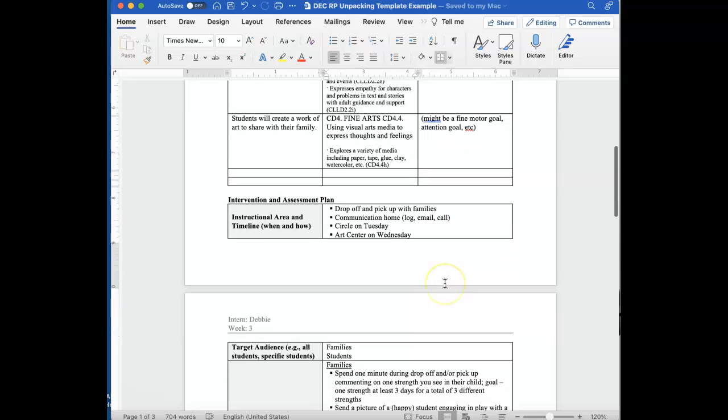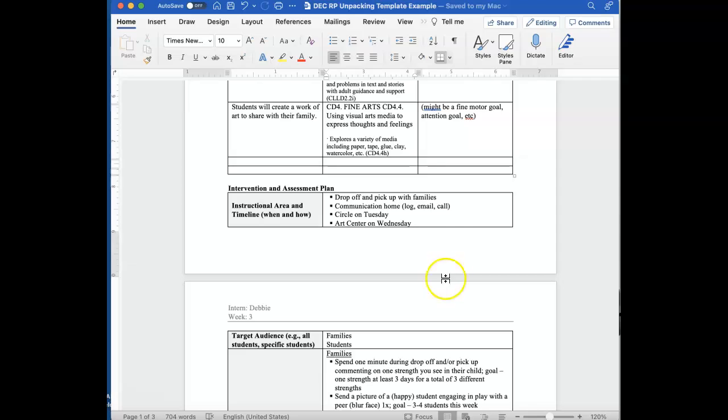So when I think about the instructional area, if I'm working with families, I'm going to think about when am I going to see families, or when am I going to be able to work with these families? In this instance, I'm choosing to do it if I see them in the car rider line when they drop their kiddos off or pick them up. I'm going to do it through other communication methods, whether it's a daily or weekly communication log.